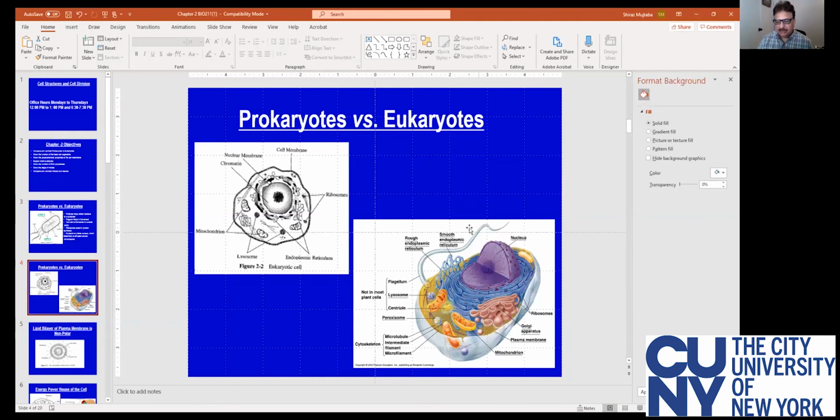So they contain flagella because they also live in water and need to swim. Lysosomes. And then you have rough endoplasmic reticulum, protein synthesis. Smooth endoplasmic reticulum is lipid biosynthesis. And finally, Golgi apparatus, which is involved in protein secretion.